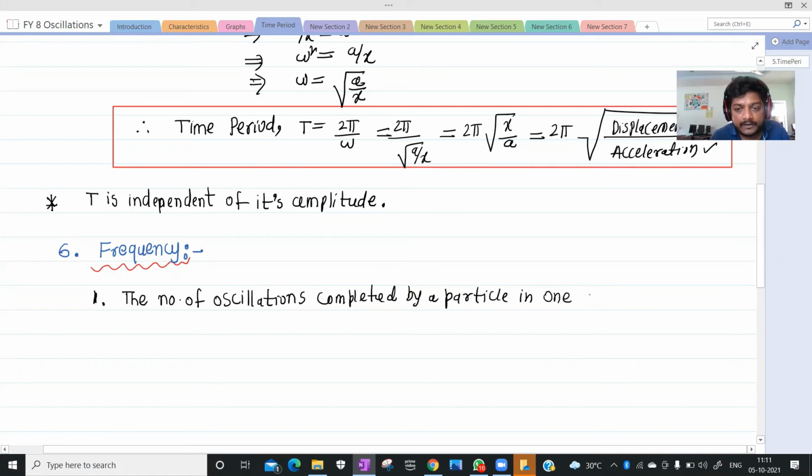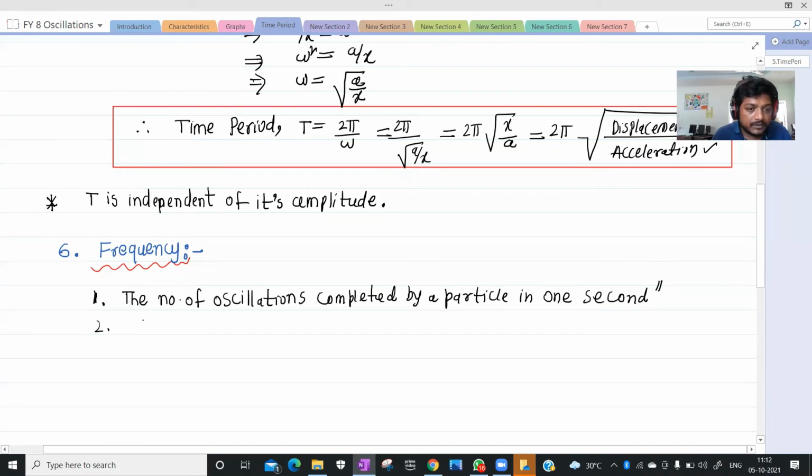So the number of oscillations completed by a particle in unit time, or 1 second, is called frequency. One more definition of frequency: the frequency is numerically equal to the reciprocal of its time period.